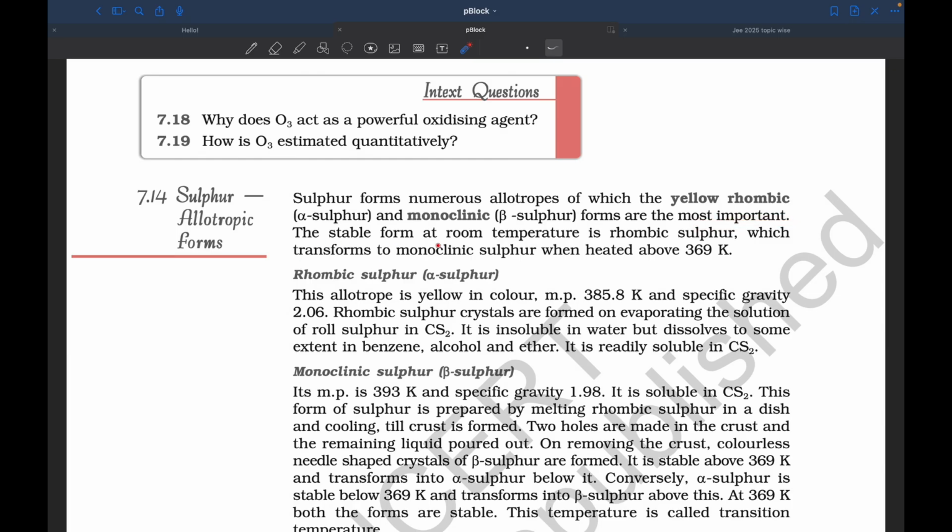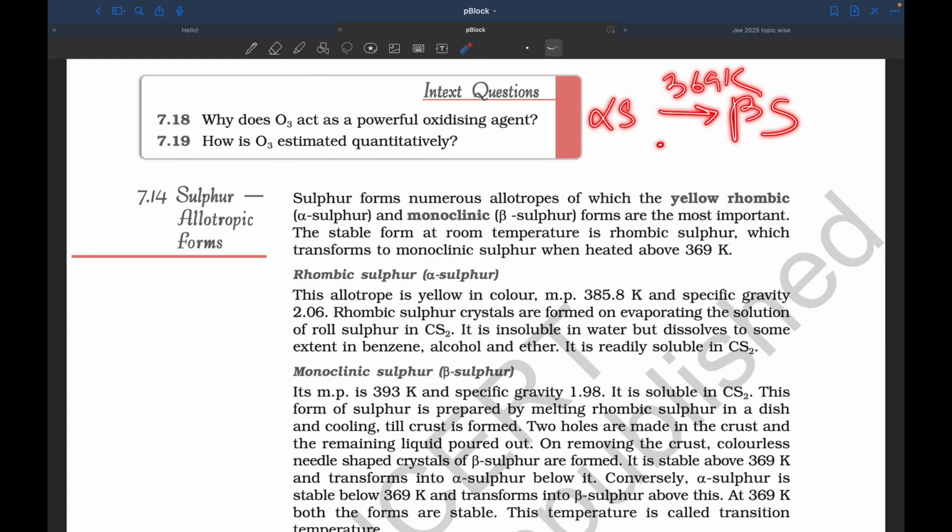The stable form at room temperature is rhombic sulfur, which transforms to monoclinic sulfur when heated to 369 Kelvin. So what is the meaning here? Alpha sulfur can be converted to beta sulfur at 369 Kelvin.